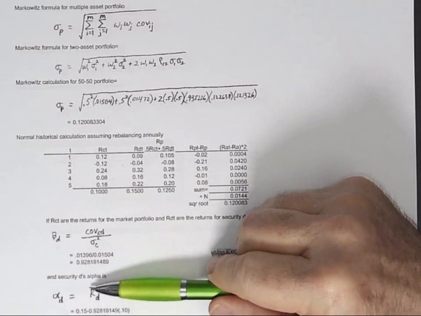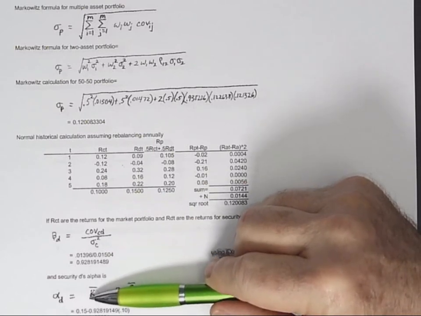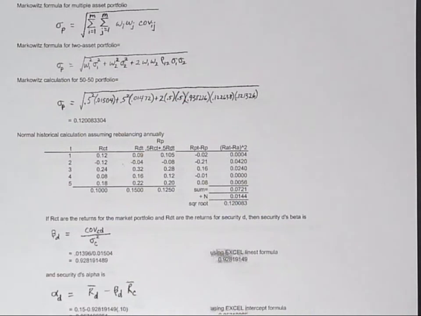And this is to calculate the alpha of the security. And the alpha of the security is, let me see if I can quickly find a different page.